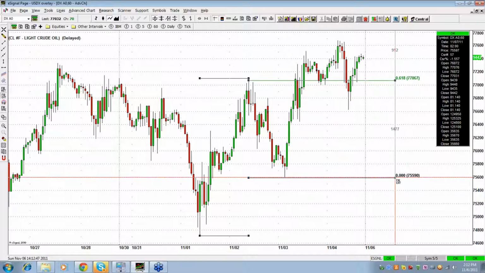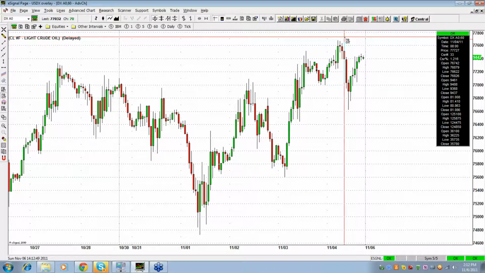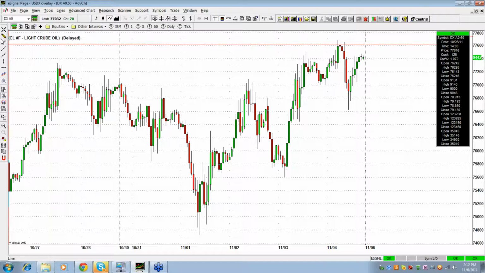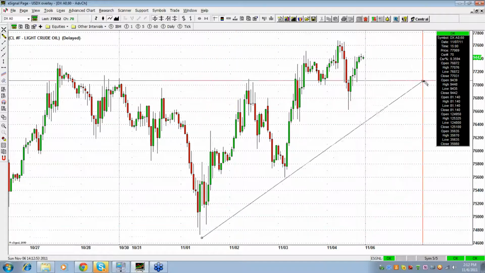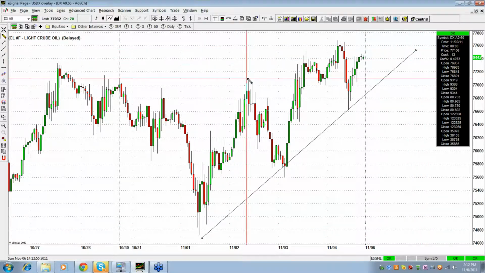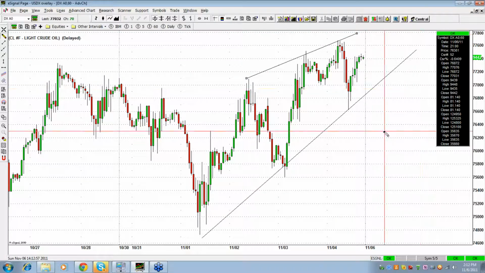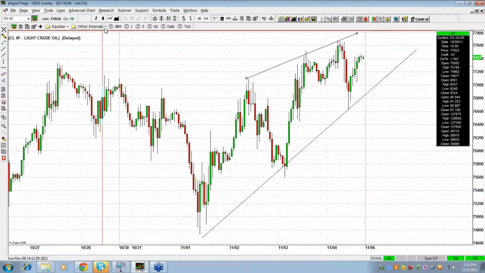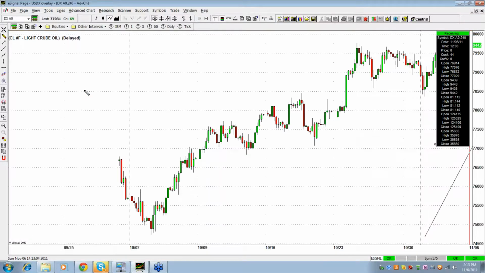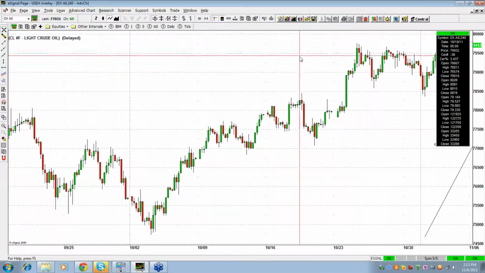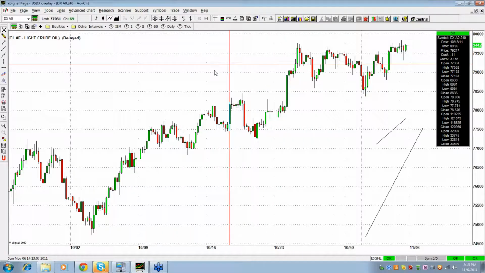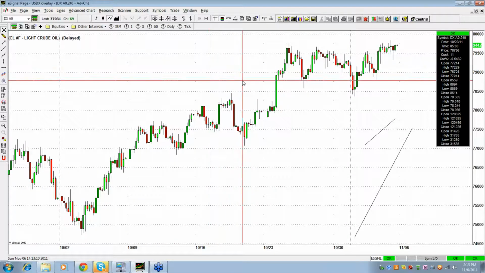It looks like a three-wave move, but it also looks like an ending diagonal right there in oil. Now, why do I say that? Because the market can go, and this is the 4 hour.